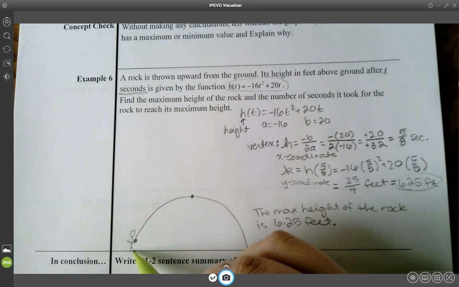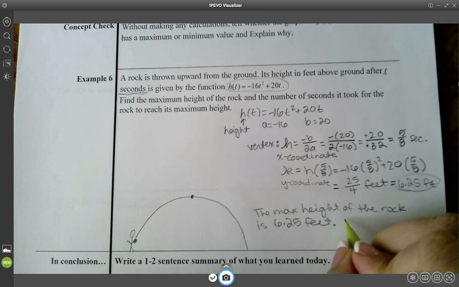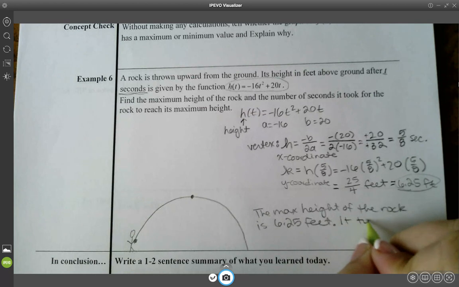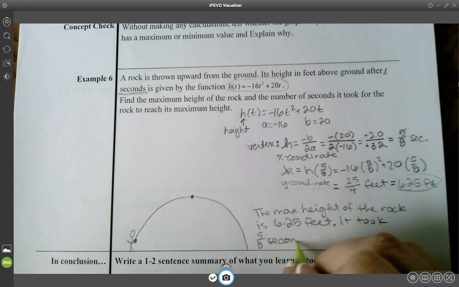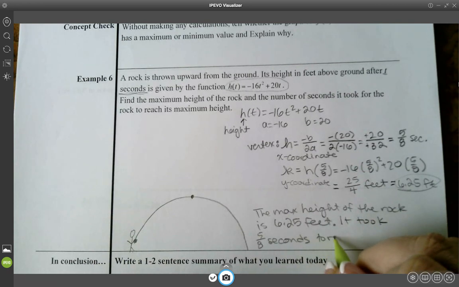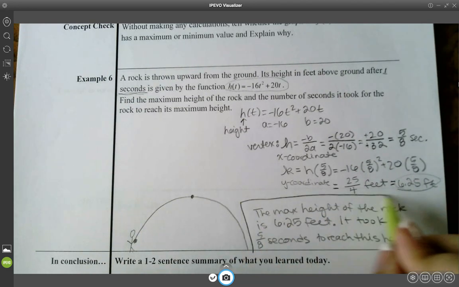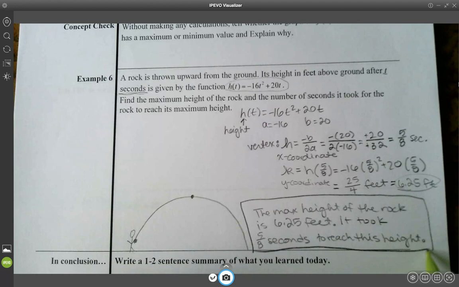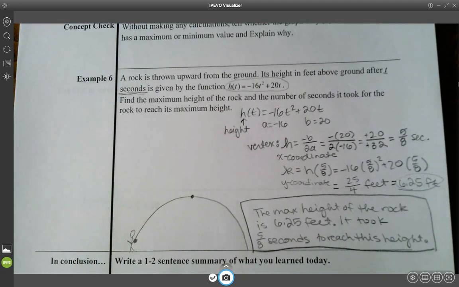Well, the number of seconds, or the time, was our x value, and so it took 5/8 seconds to reach this height. Okay, so really this whole question was asking for the vertex and the interpretation of what that vertex means.